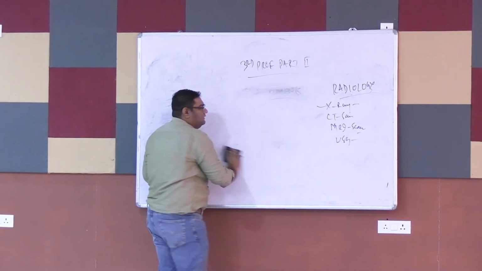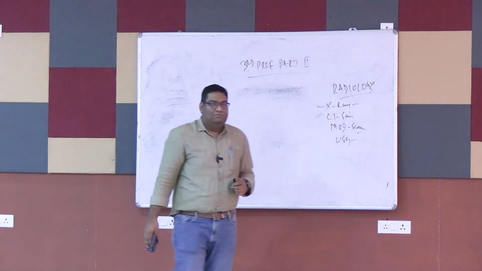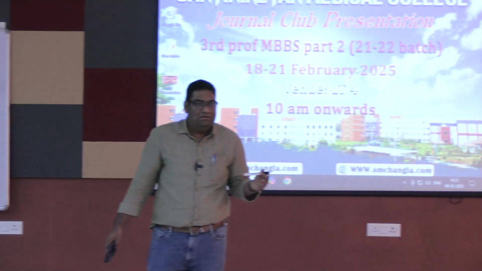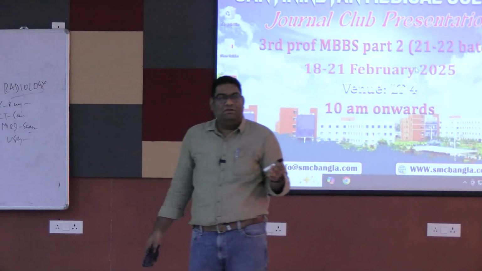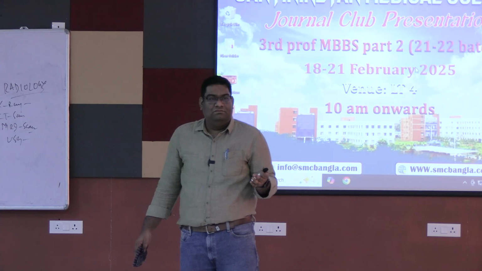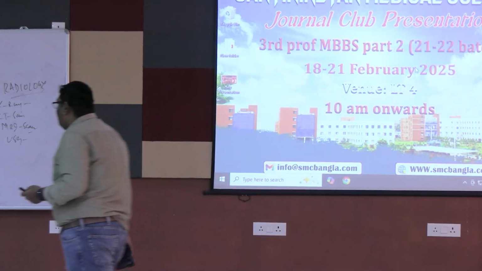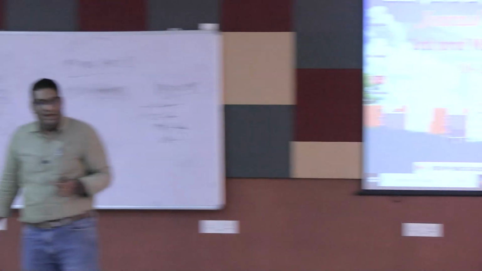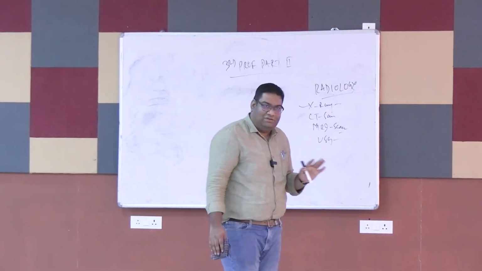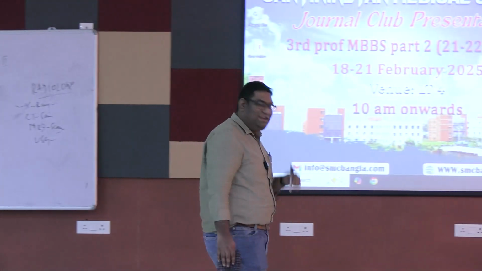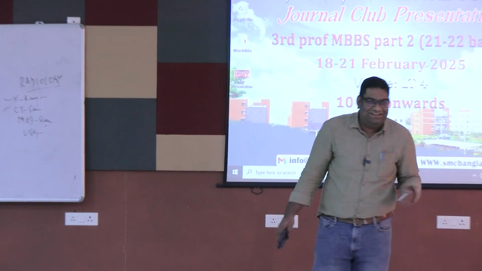What are the structures in your head and neck? Important structures. You have many endocrine glands, right? What are those glands? Thyroid, parathyroid, like that. Many salivary glands, right? Many nerves, many important vessels, many muscles, many bones, many things are there.